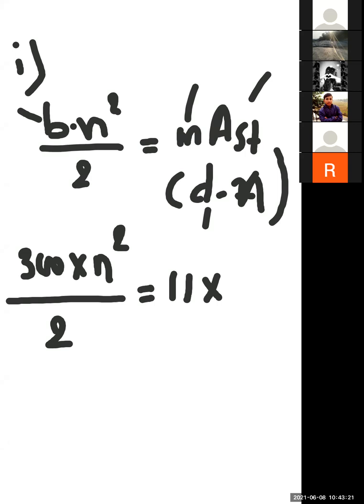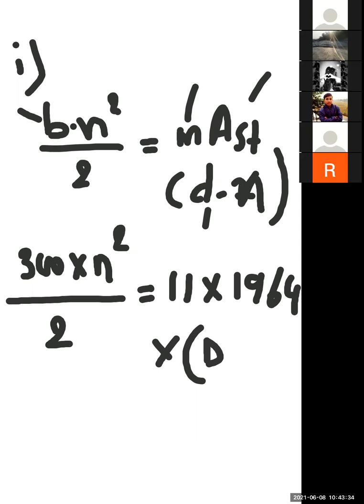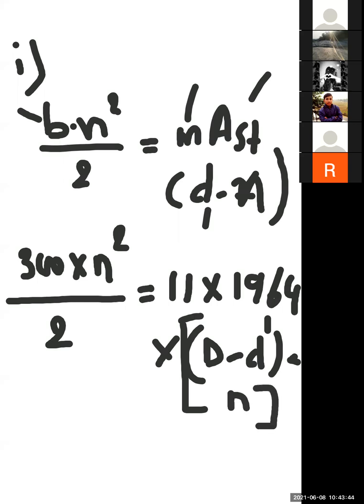The value of AST is 1964 into D. How to find out D? Capital D minus small d dash minus N. Still we don't know the value of N here.